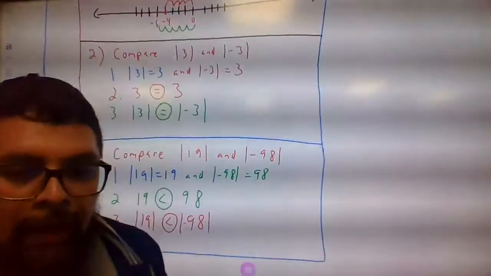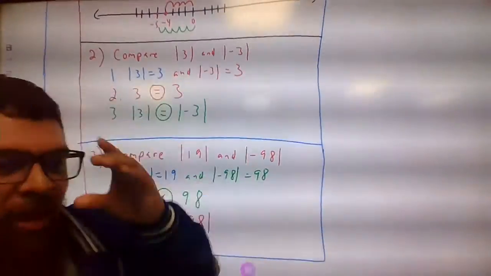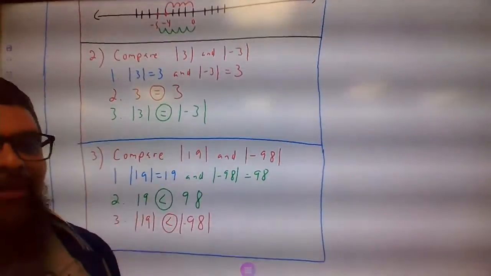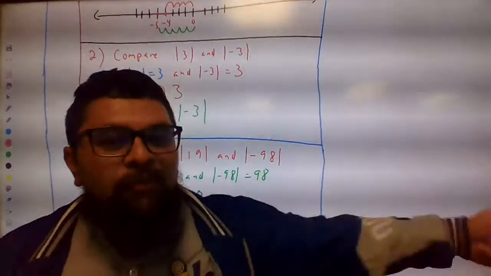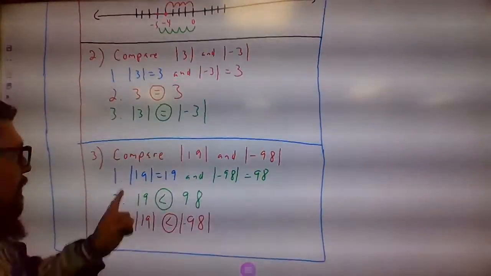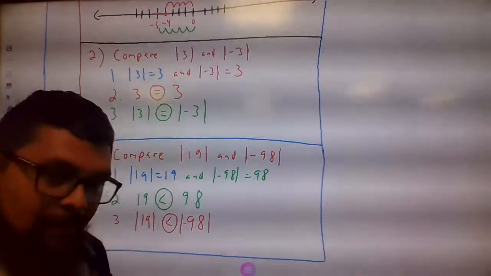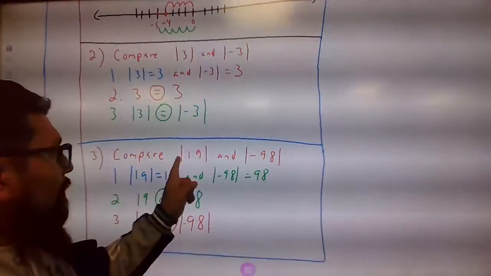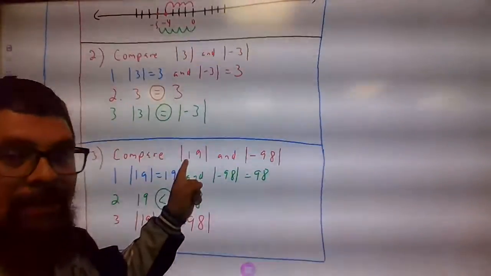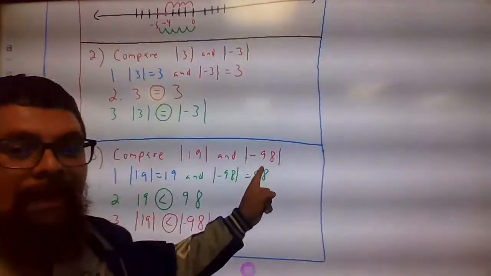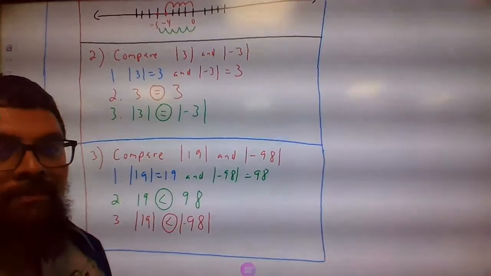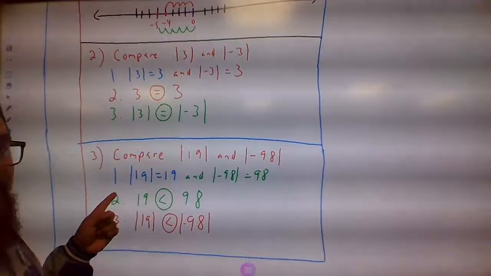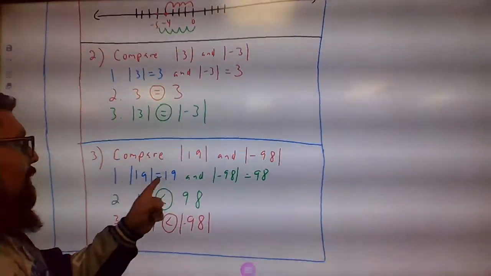All right, so this is getting easy now, right? All you're taking is the absolute value of the number, the distance of that number from 0. That's it. So look at this one, which is also right here on the bottom slide. Compare the absolute value of 19 and the absolute value of -198. Okay, well, step 1. Absolute value of 19 is 19.